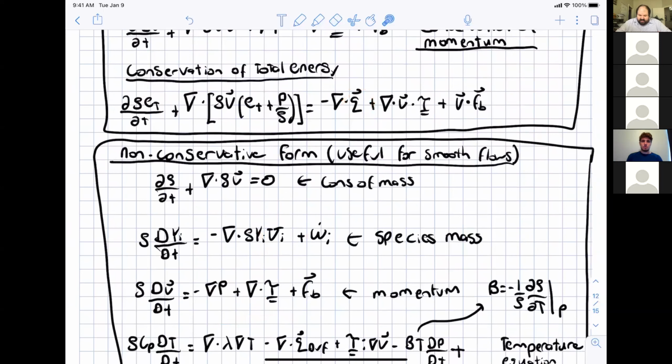If you want to model a generic reactive flow, you need to consider all of these effects. That's not to say that all these effects are important for every combustion application. As was brought up, there are some applications where we don't need to consider the heat flux vector or the viscous stress, such as a detonation, which we'll get into later on.